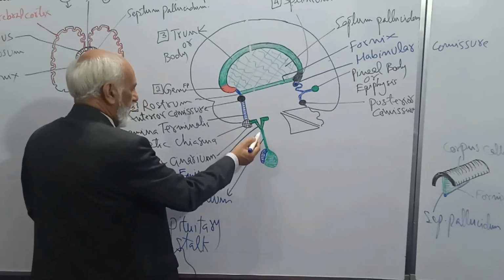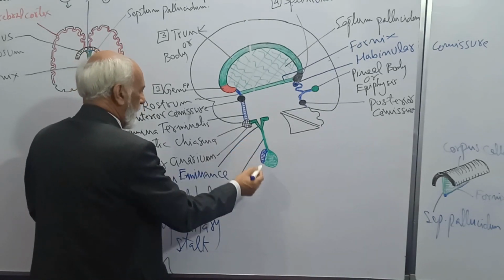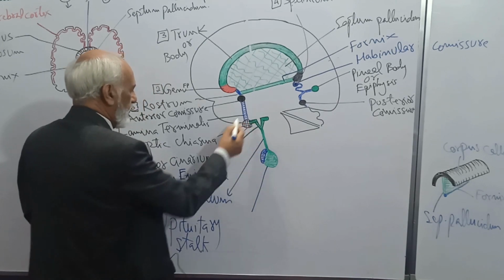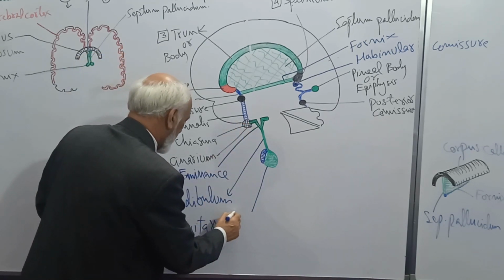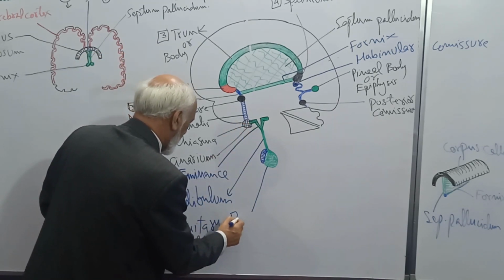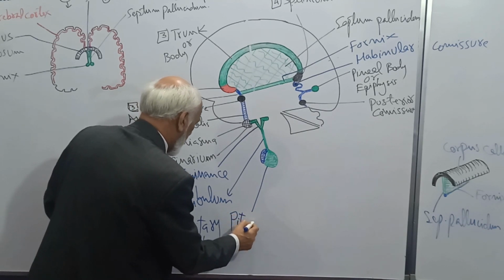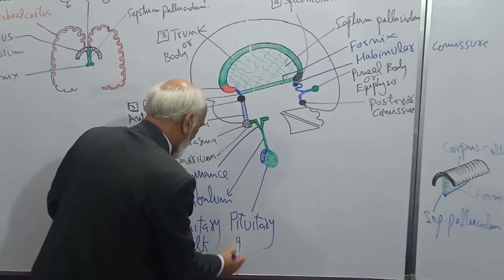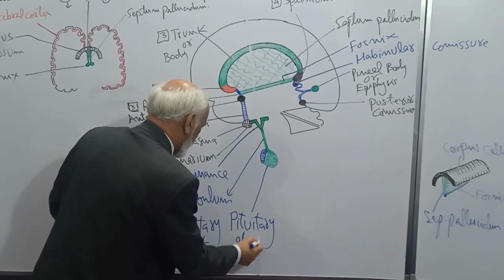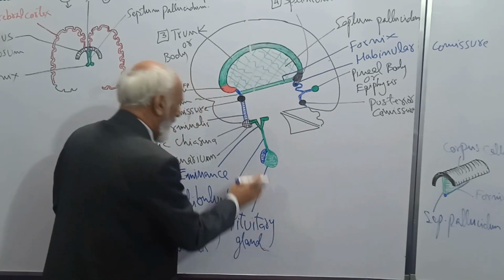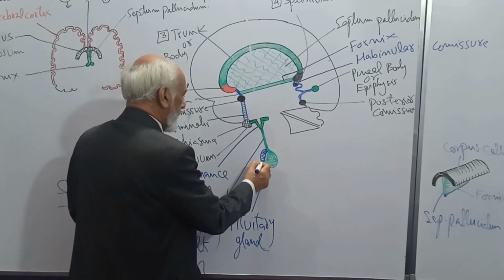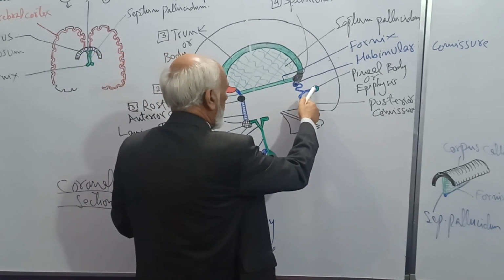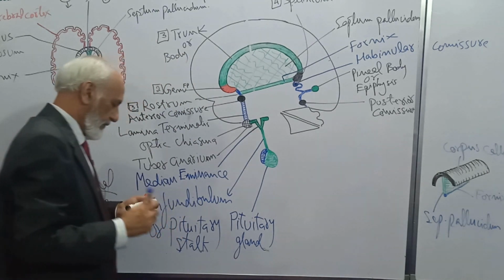With the help of the infundibulum or pituitary stalk, the pituitary gland is attached to the base of the brain. Pituitary gland or hypophysis, and this is the pineal body or epiphysis.